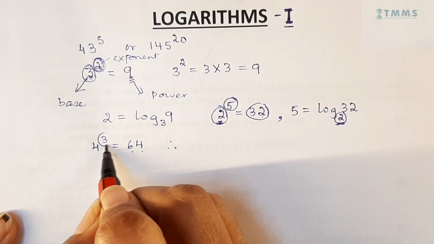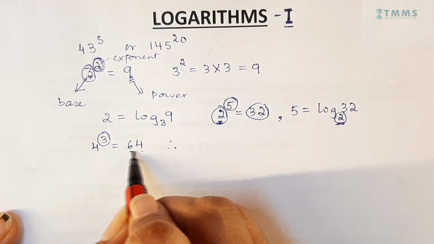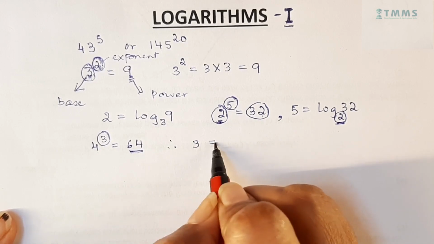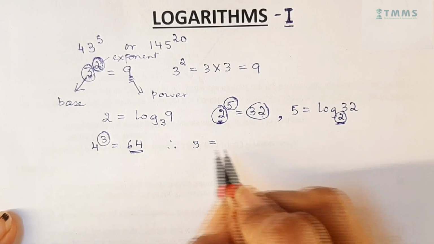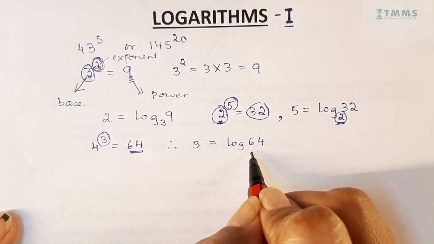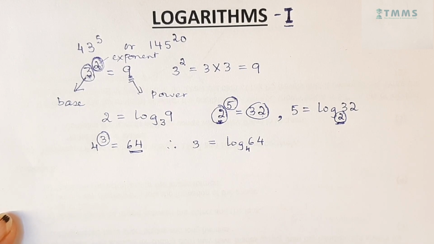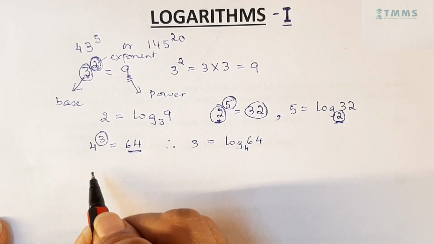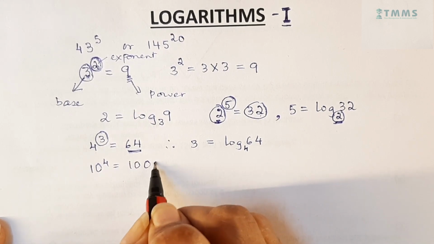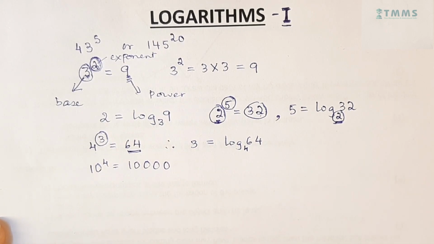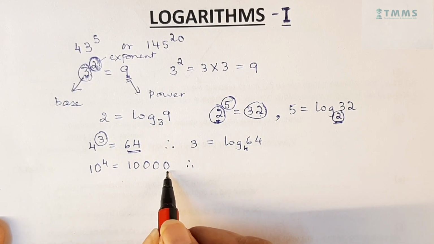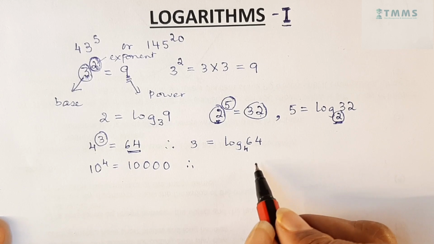In logarithmic form, we look at the index and we look at the power and we connect it. So we will say 3, which is the exponent, is equal to log of 64 to the base 4. Let's take another example. 10 to the power 4 is equal to 10,000. And therefore, this exponential form we will write now in logarithmic form.